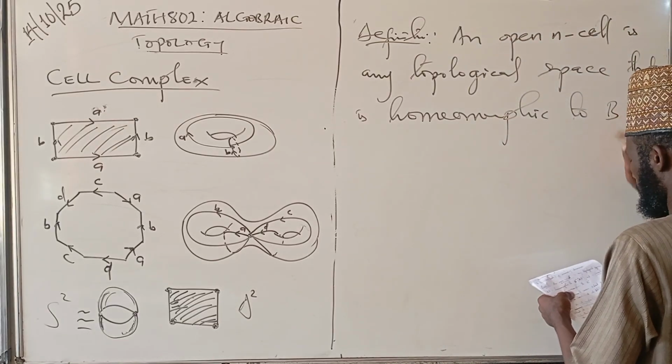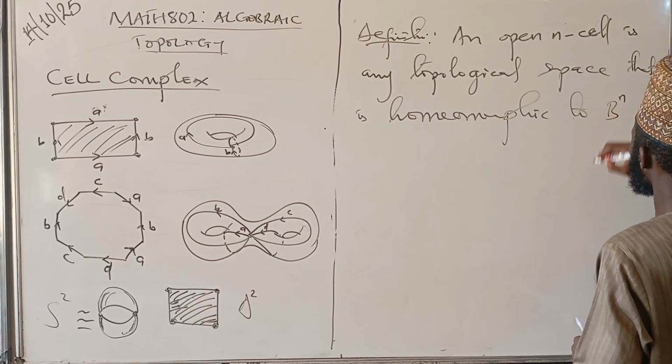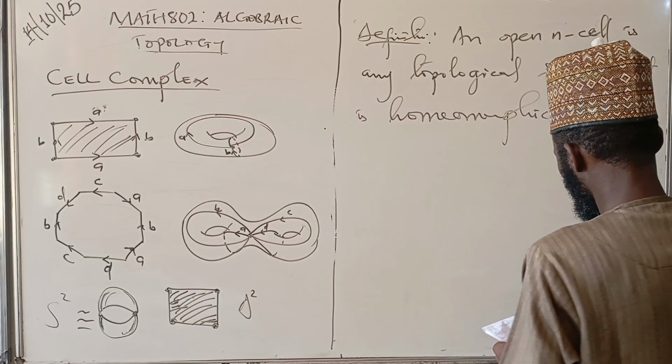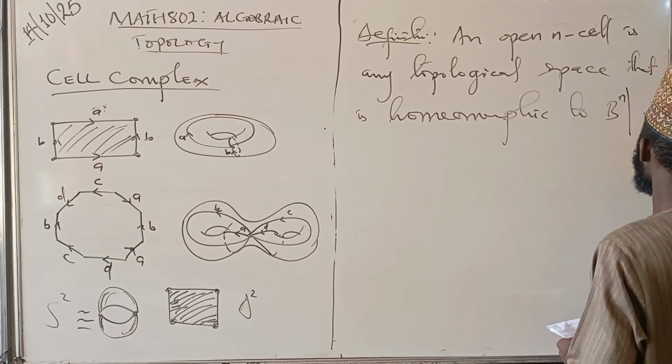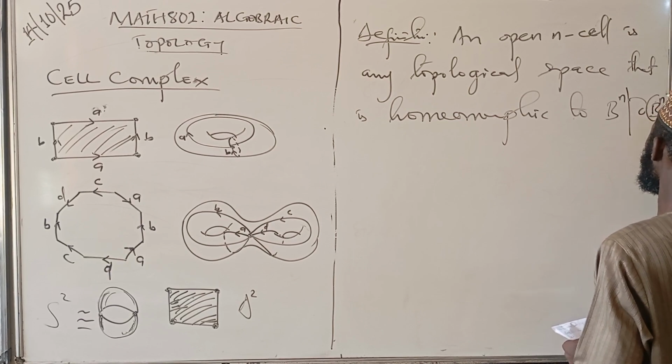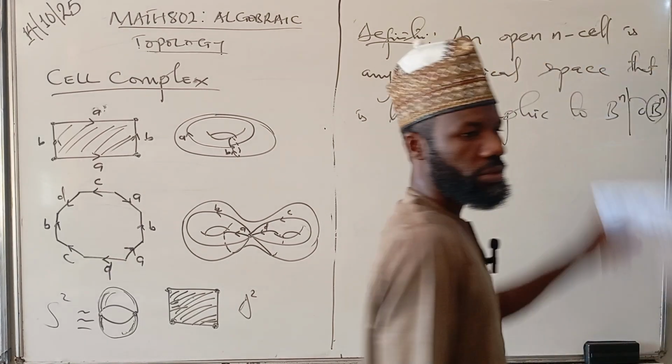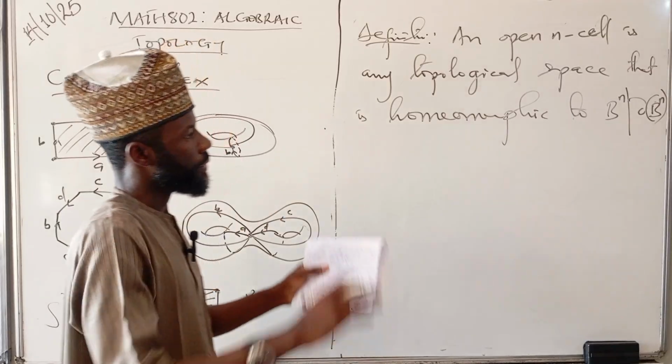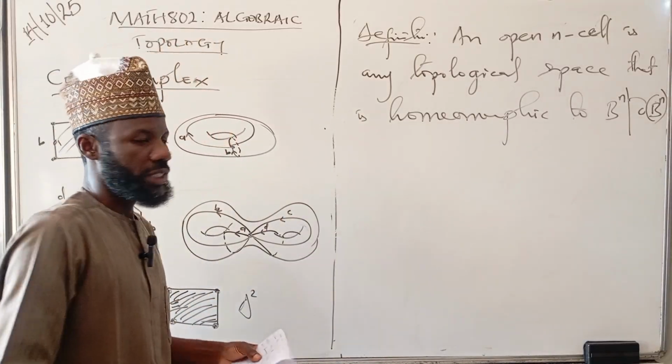The open ball is Bn minus the boundary. We don't have any standard notation for the open ball. Bn is the closed ball, but without the boundary.